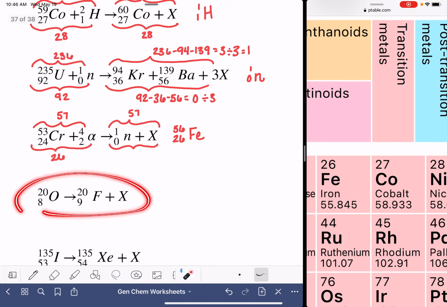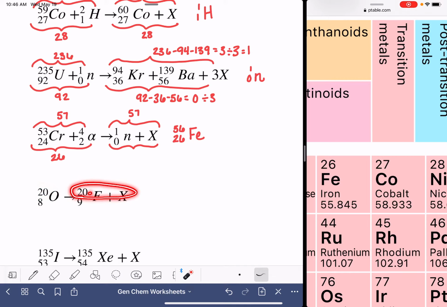Looking at our next example, our mass number is 20 on the left-hand side, and so that means on the right-hand side, our X needs to have a mass number of 0. 20 plus 0 is going to give us 20. Our left-hand side has an atomic number of 8. The right-hand side has an atomic number of 9, which means we need a negative atomic number for this guy. 9 minus 1 is going to give us 8.